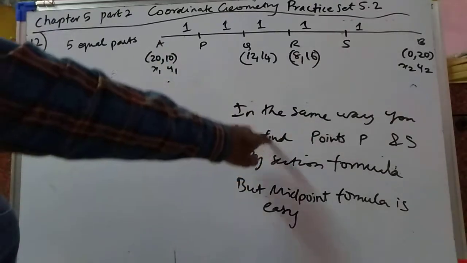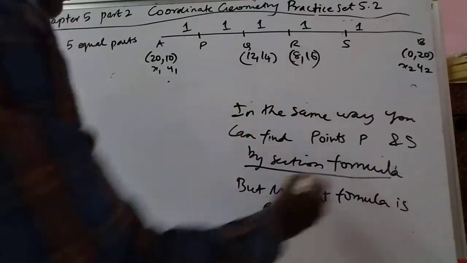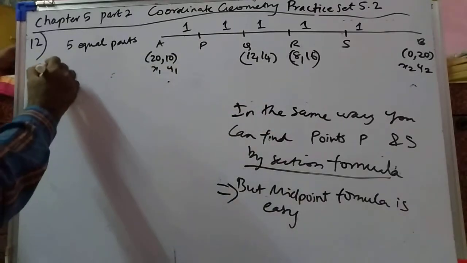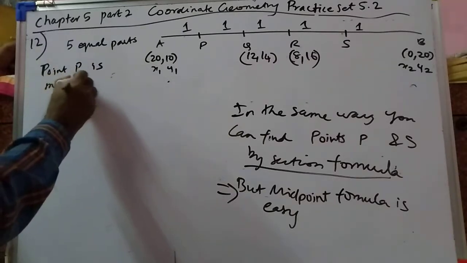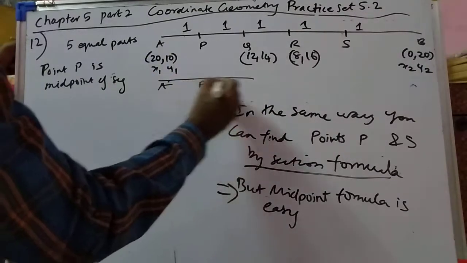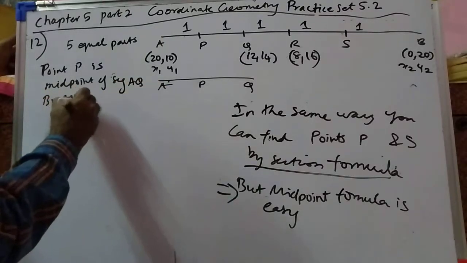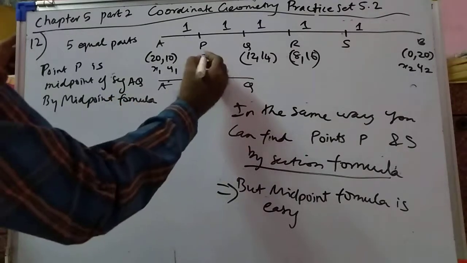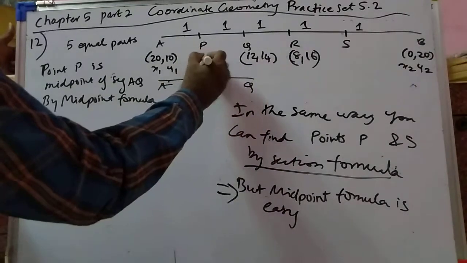So the same way you can find points P and S. Section formula, but midpoint formula is this. That's why we will use it: point P is the midpoint of the segment. So by midpoint formula, take it as x, y, or you can take other letters also, you can take a and b also.